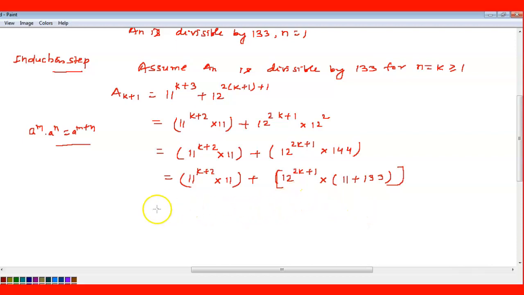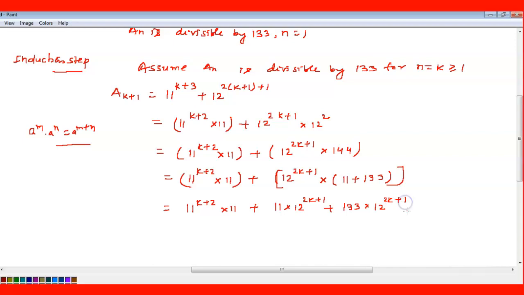So 11 to the power of k plus 2 into 11, plus this one multiplied with 11 and multiplied with 133, right? So I can write 11 times 12 to the power of 2k plus 1 plus 133 times 12 to the power of 2k plus 1.